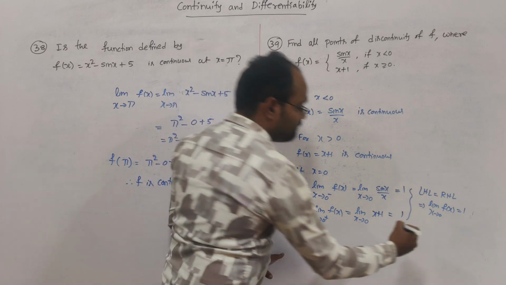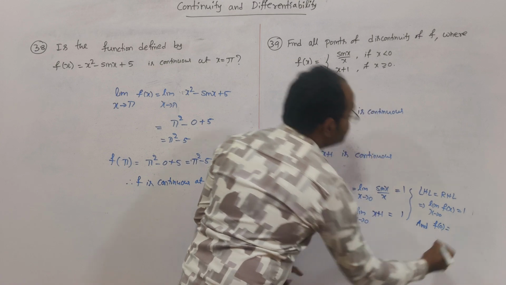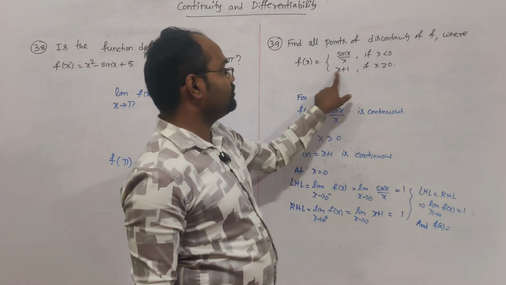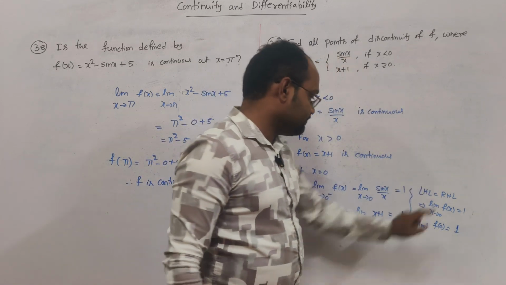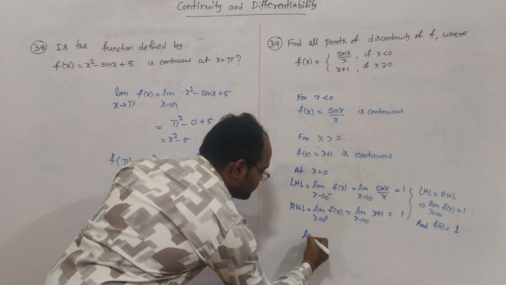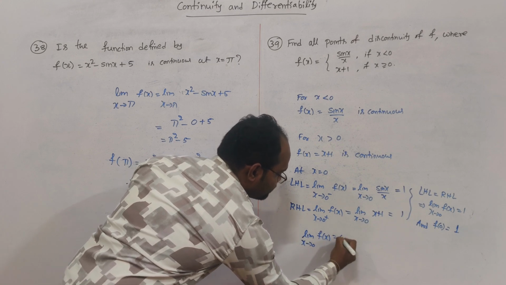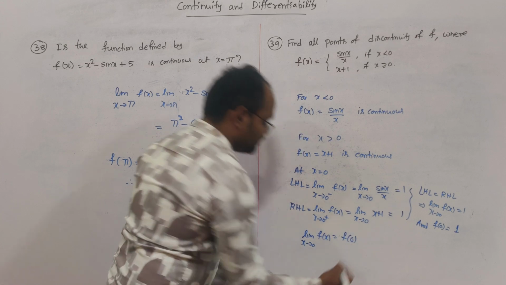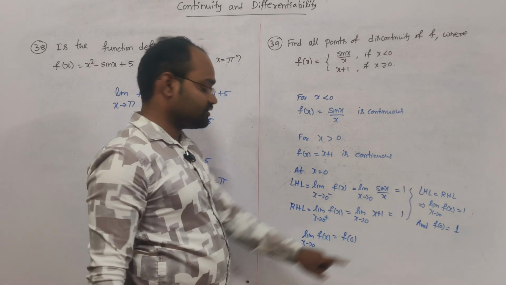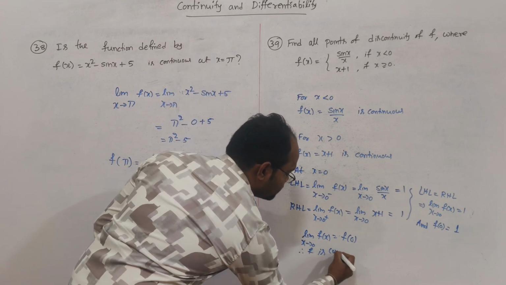And what is the functional value here? f of 0, when you substitute x equal to 0, the function is 0 plus 1, that is 1. Both are the same. So the limiting value at x equal to 0 is the same as the functional value at x equal to 0. Therefore, f is continuous at x equal to 0.